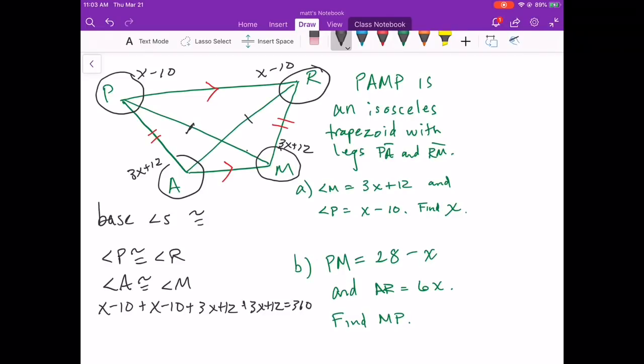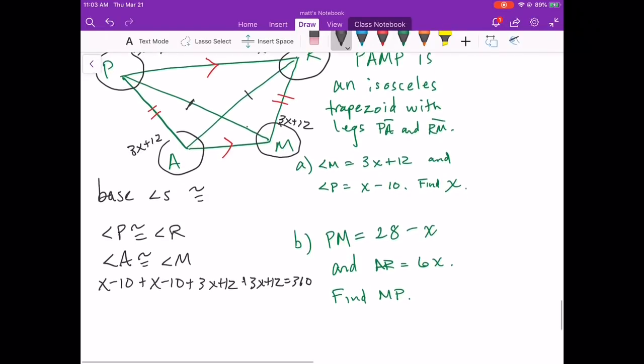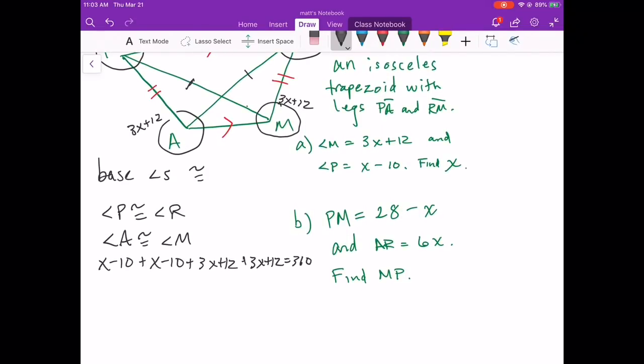And that's how I'm going to solve that. All right, combining like terms here. 1x and 1x is 2x, plus 3x is 5x, plus 3x is 8x. Negative 10 and negative 10 is negative 20. Negative 20 plus 12 is negative 8. Negative 8 plus 12 is positive 4. And that's going to be equal to 360.